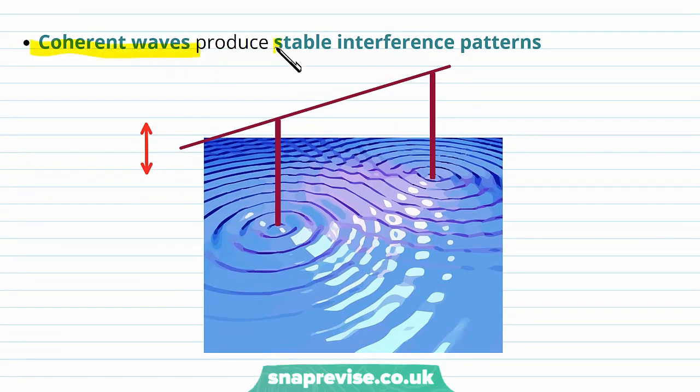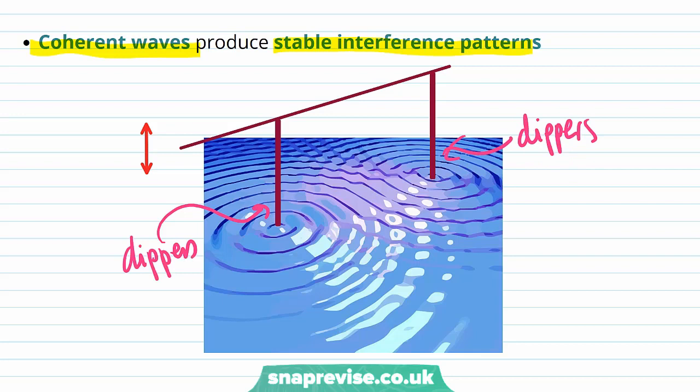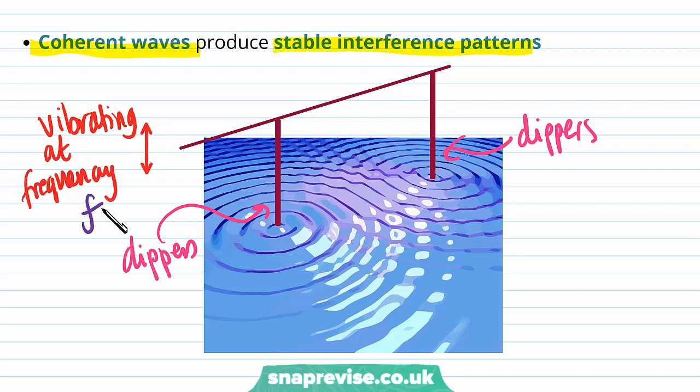Coherent waves produce stable interference patterns. So for example, you can produce a stable interference pattern like this by using two dippers in a surface of water that are vibrating at the same frequency. So these are the dippers, and if they're both vibrating at the same frequency f, the two waves can actually produce a stable interference pattern.